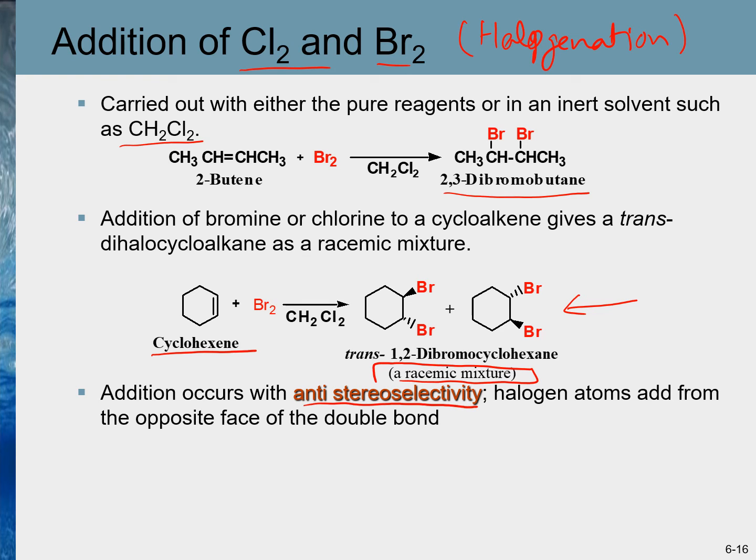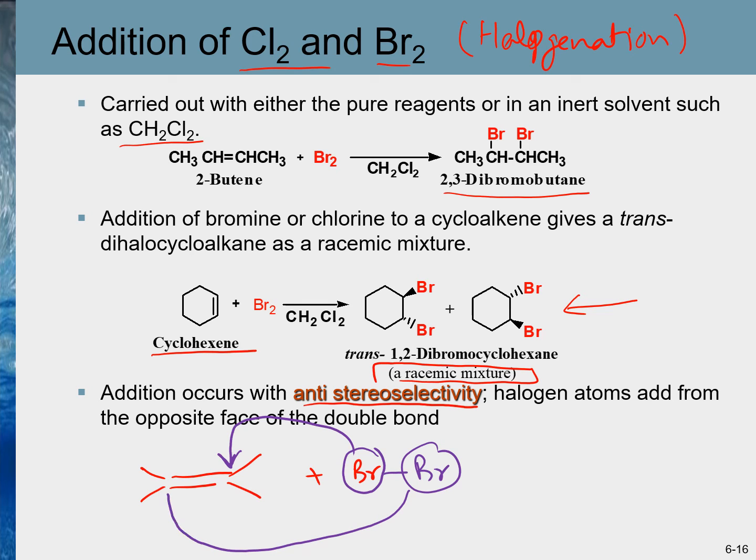Now, what's the meaning of anti-stereoselectivity? Anti-stereoselectivity is seen in those reactions in which the addition reaction takes place such that one of the atoms adds from the top of the sigma bond plane, and the other atom gets added at the bottom.